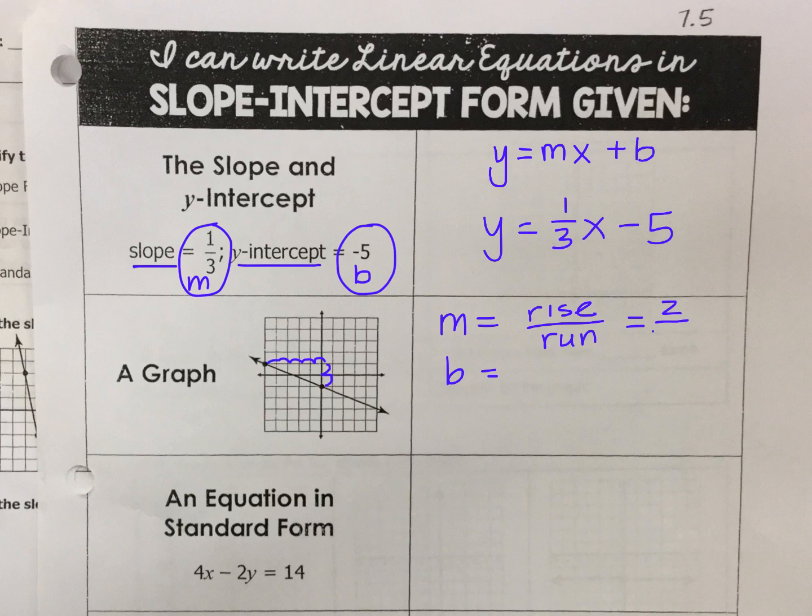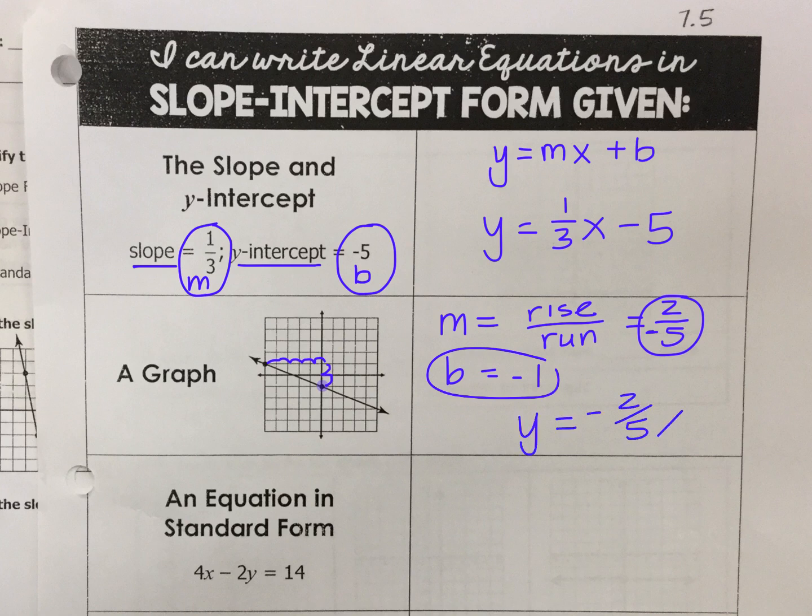I'm going backwards towards the negatives, so -5. The b is just going to be where this crosses the y line, right there at that purple dot. So b would be a -1. So I've got my b and I've got my m. y equals -2/5x minus 1.